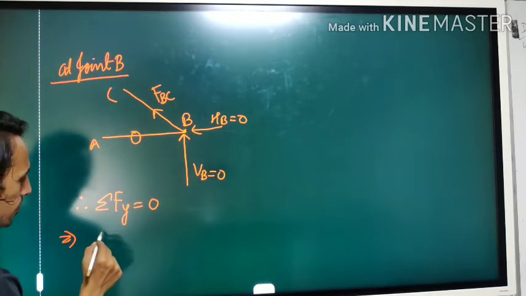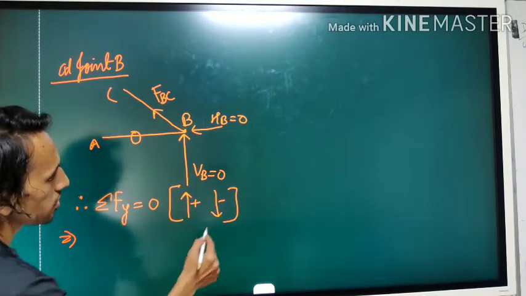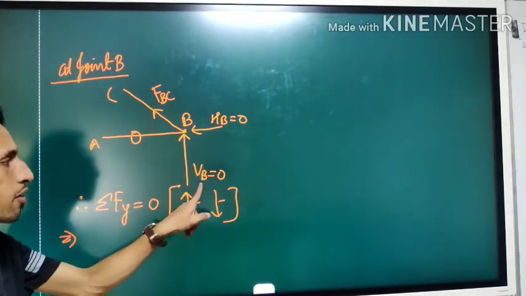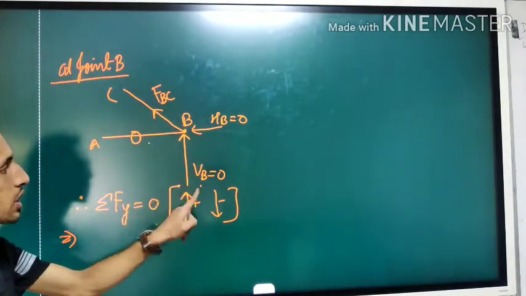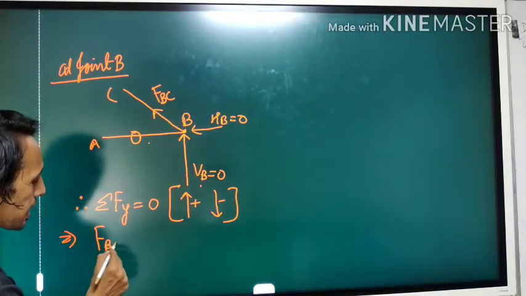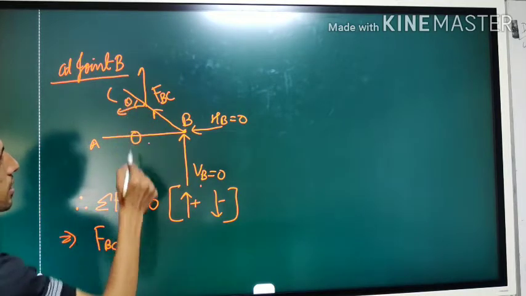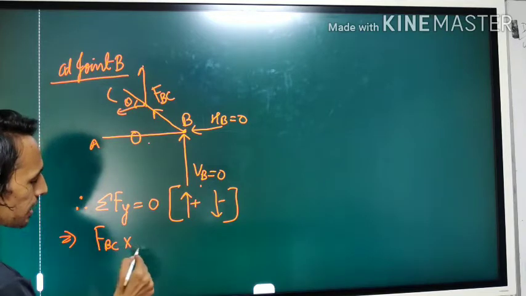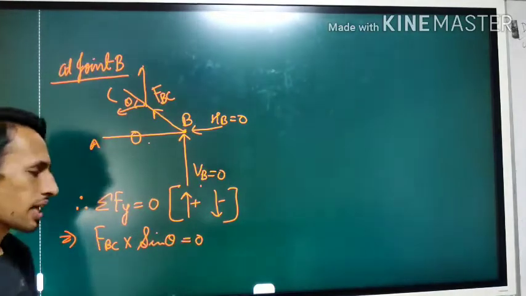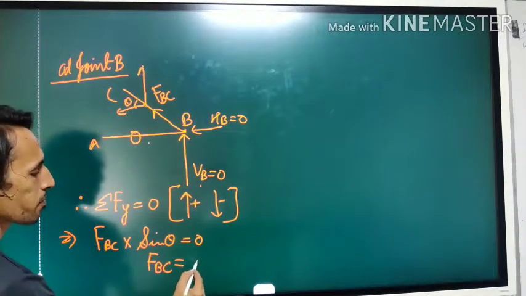What are the vertical forces here? The first vertical force is VB, which is 0 itself, so we don't have to worry about this. This is 0, this is 0, this is 0. Only force left is FBC, and its component in the vertical direction will be something like this. Let us say this is some theta, so this component will be FBC sine theta, and no other member is there. So from here you will find out that FBC also is 0.